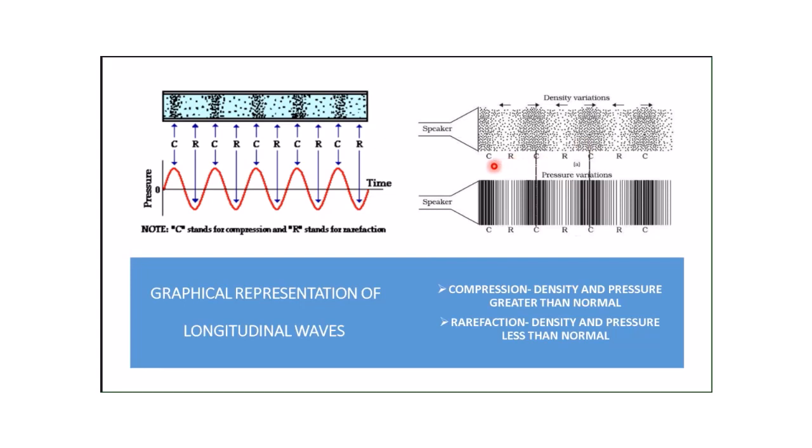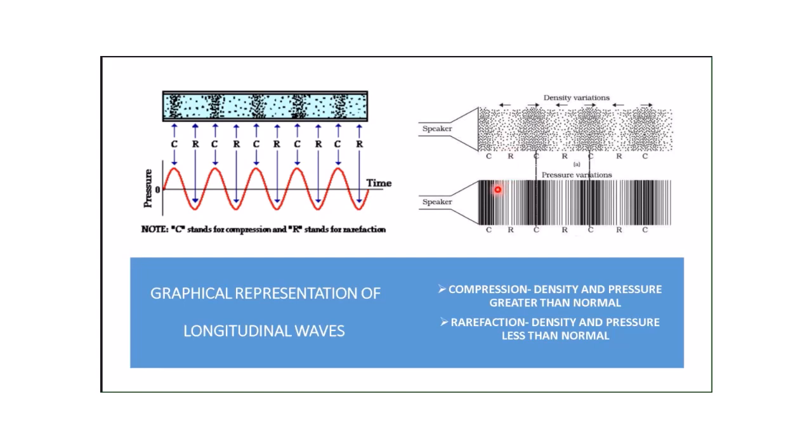A longitudinal wave over here is represented pictorially by showing the regions of compressions and rarefactions. C stands for compression and R stands for rarefaction. In a compression, the density of air is higher, while in the regions of rarefaction, the density of air is low.